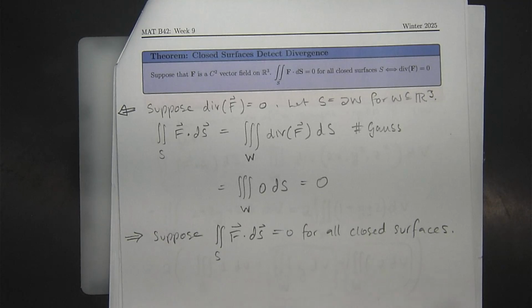so how would we make this work? What's kind of the idea here? How could we argue that this then implies something about divergence?